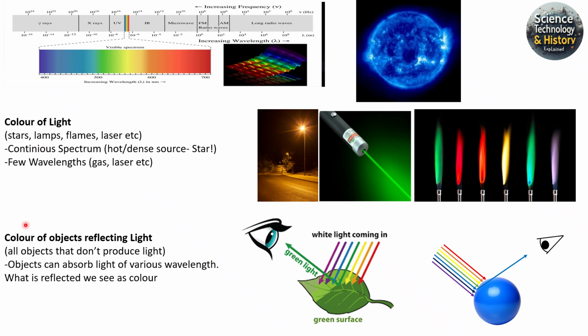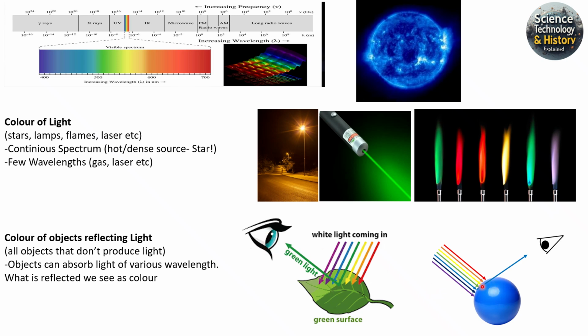Now let's look at why different objects that reflect light have different colors. Basically all objects that don't produce light are reflecting light. For example, if we look at a green leaf, the incoming white light has basically all the components of all the colors in this spectrum, and the leaf absorbs, for example, red and blue and yellow, but the green is not absorbed so much, so the green light is reflected and our eyes register the green light.